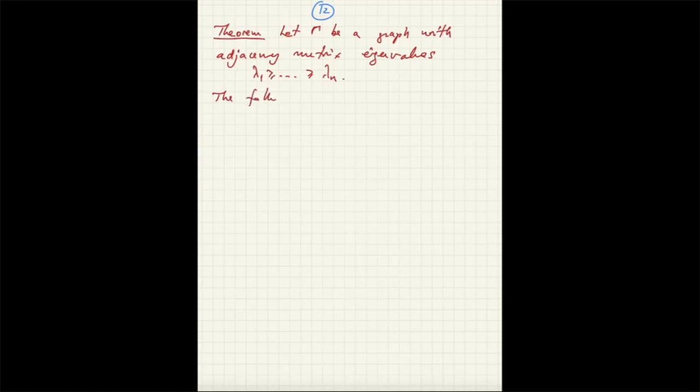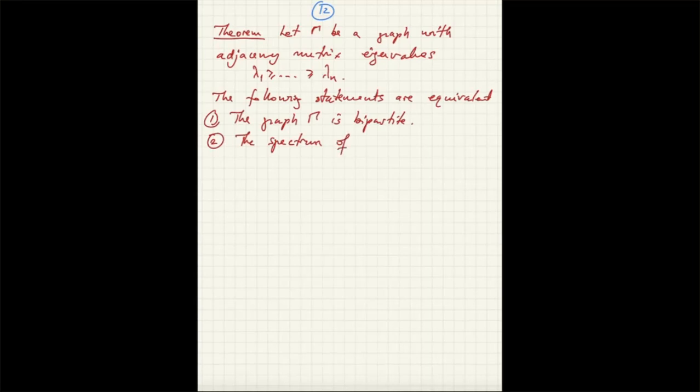The following statements are equivalent. One, the graph gamma is bipartite. Two, the spectrum of gamma is symmetric with respect to 0.